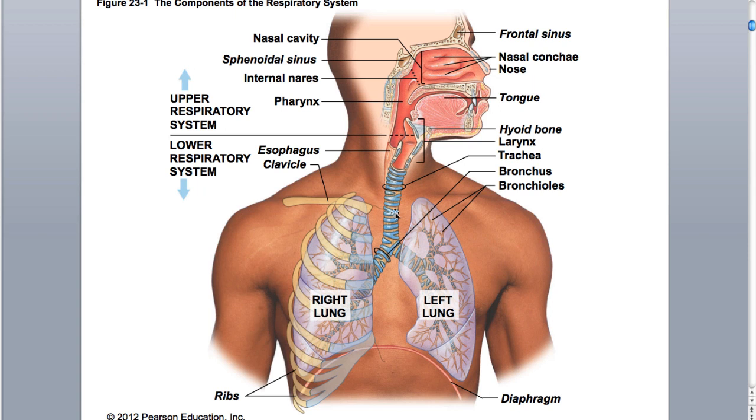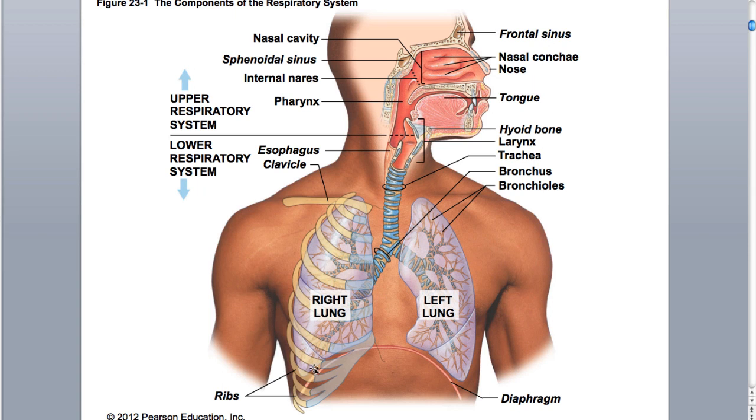Then we have our trachea. Then we have our first branch, which is the bronchus. We have multiple branches, and then finally we have another thing called bronchioles. Now the bronchioles are broken down into two parts, as you saw in the previous slide. We have the terminal bronchioles, and then we have the respiratory bronchioles further down.